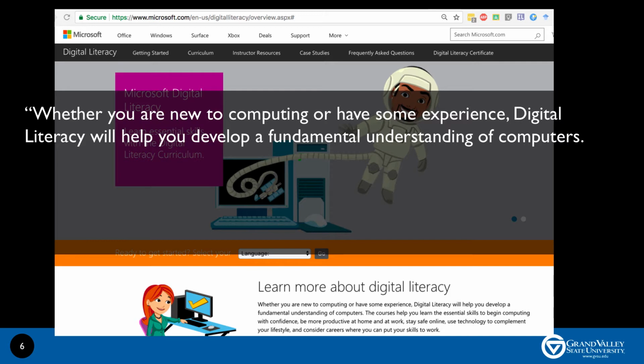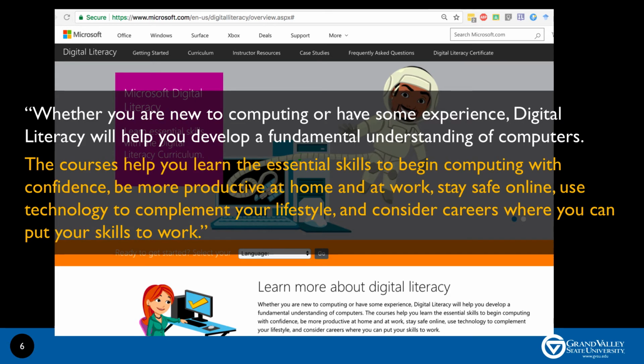But then they go on to explain why you need those skills by saying the courses help you learn the essential skills to begin computing with confidence, be more productive at home and at work, stay safe online, use technology to complement your lifestyle, and consider careers where you can put your skills to work.